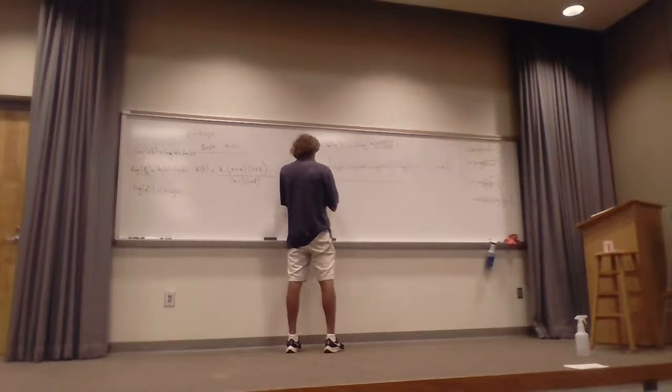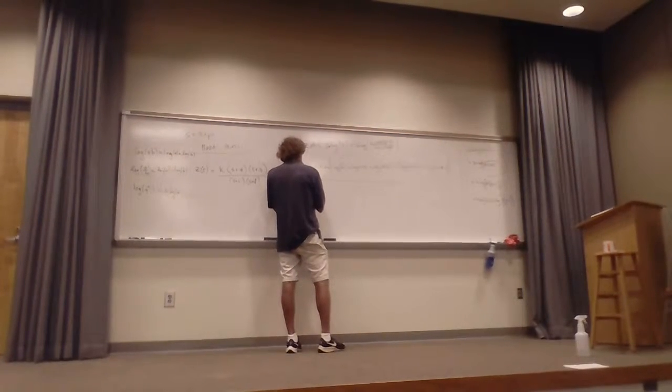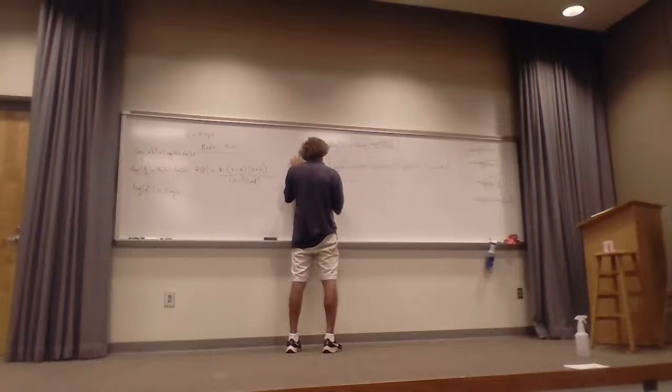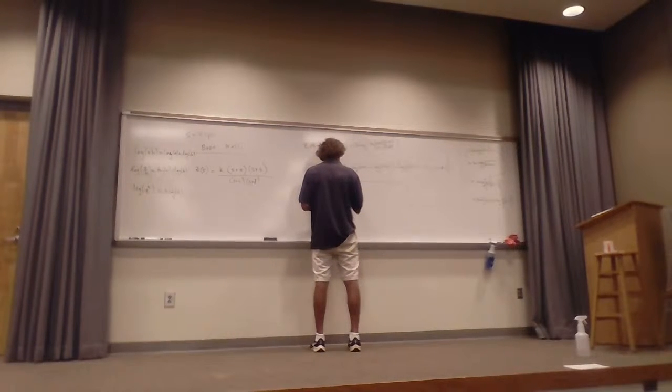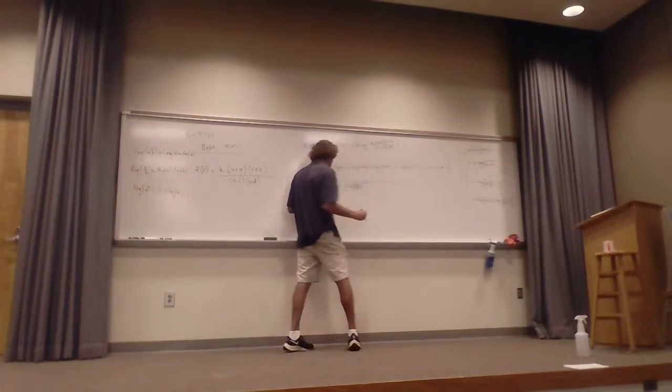So I have, I'll call this function F, with s equals j omega, and that's going to be 20 log of a plus 20 times the log of the square root of omega over a squared plus 1. With me?